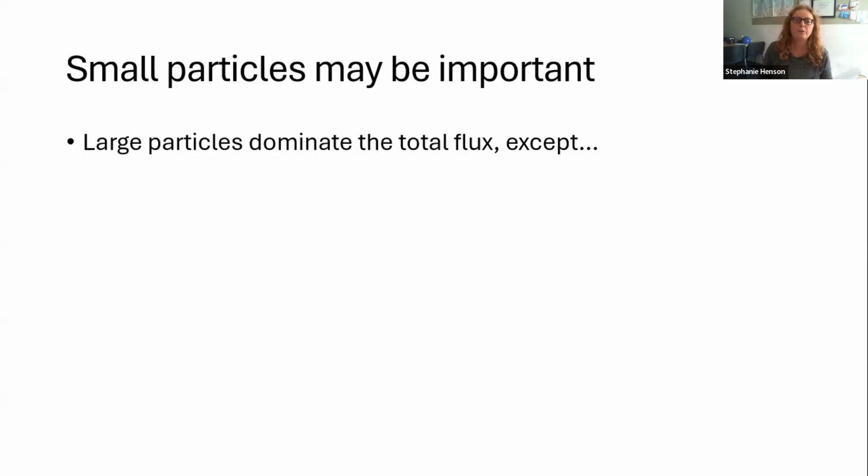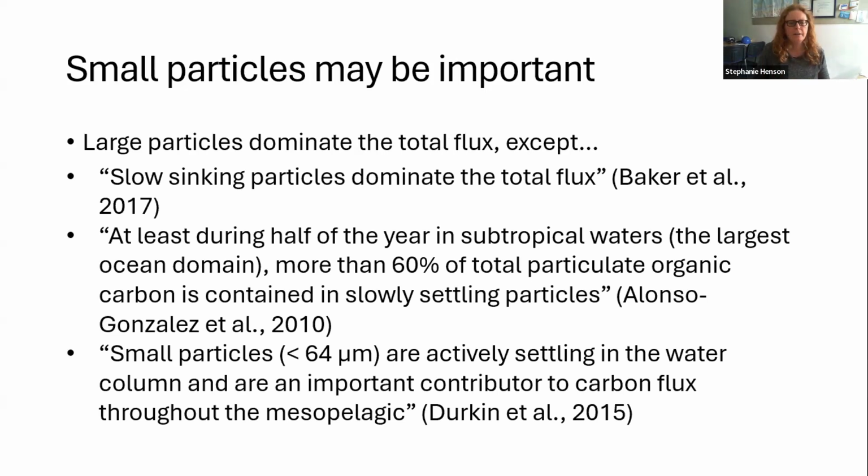We know that large particles dominate the total flux, but small particles dominate the particle abundance. And other studies have found that slow sinking or small particles could be significant contributors to flux, actually, such as this one from Chelsea Baker. And other studies have found that at least half of total POC is contained in slow settling particles.